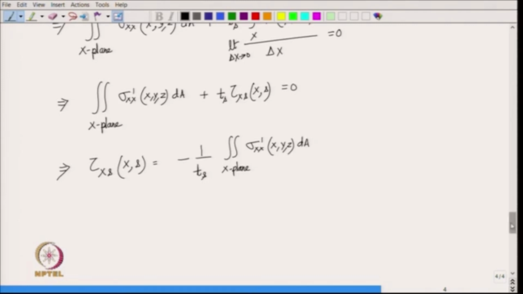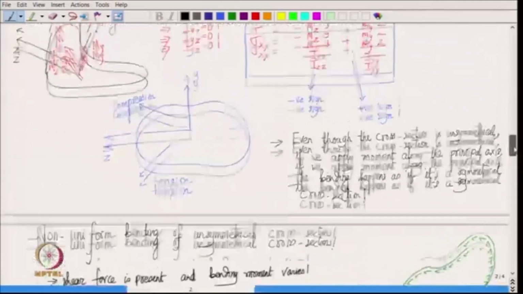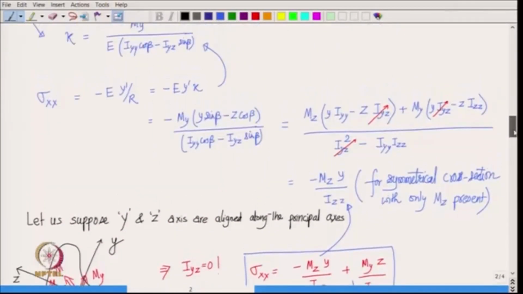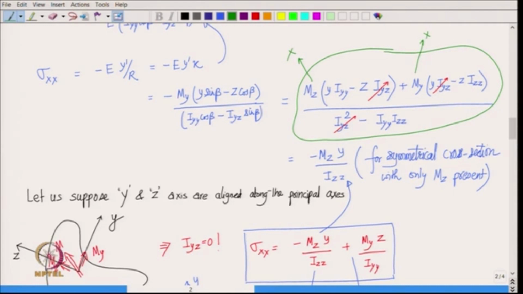Okay. Now, let us plug in the formula for sigma x x. So, recall when we were doing the bending of unsymmetrical beam, we found out the general formula for sigma x x. See, it is right here, this formula. So, in this formula, what is the function of x? It is m z, which could be varying with x, and m y, which could also be varying with x.